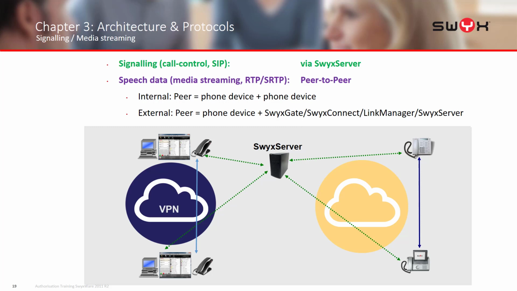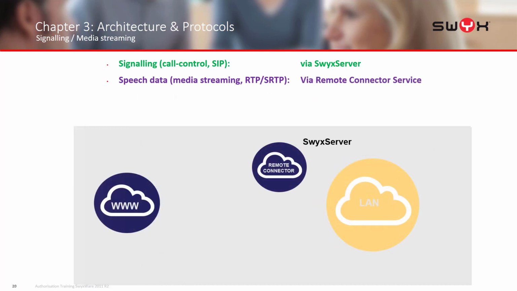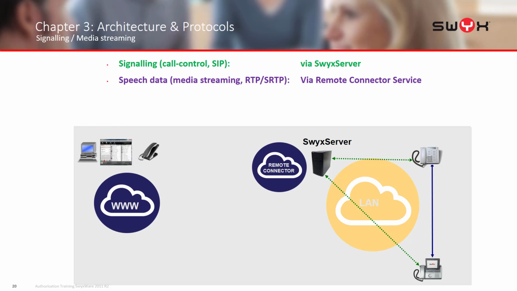2015 R2, where we released something called the Remote Connector Service. And this negates the need for the soft clients, at least, to have a VPN to connect securely to the server. Built into the client is a TLS service that talks to our remote connector over the internet.